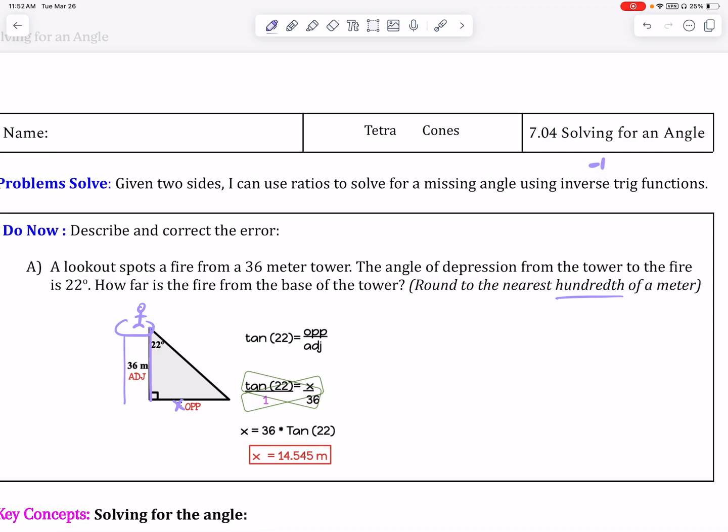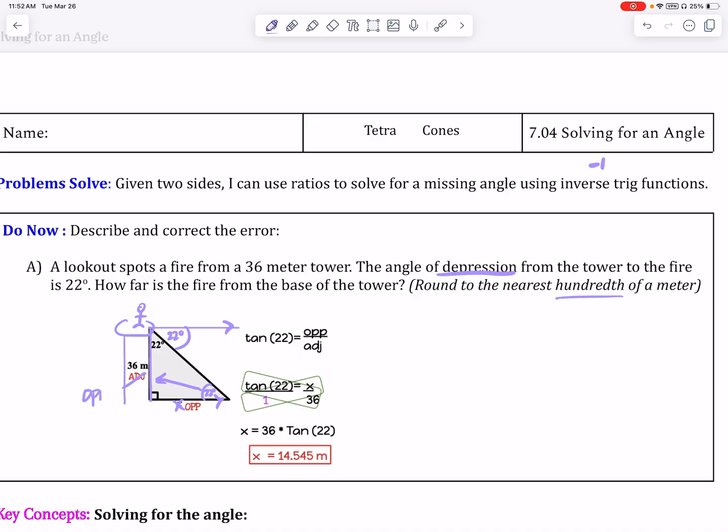Don't forget that when we talk about the angle of depression, it's always outside the triangle. So if this is 22 degrees, by alternate interior angles, this is 22 degrees. We still use opposite and adjacent, but check it.